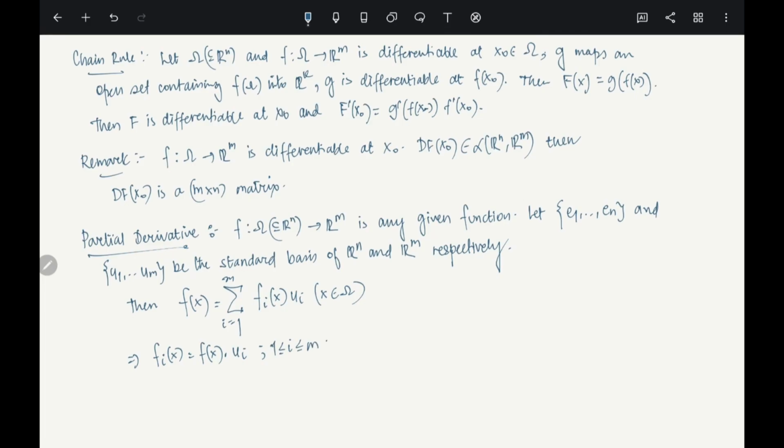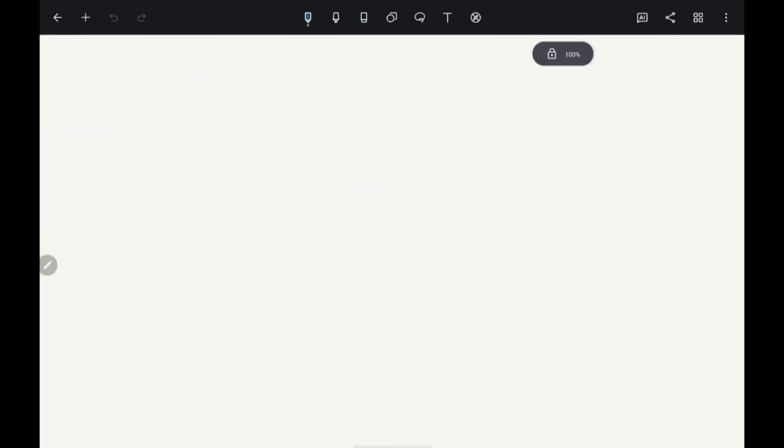Okay, now with this idea, I am going to define the concept of partial derivative. So what is the partial derivative? For x in omega, i between 1 and m, and j between 1 and n, we define the partial derivative.